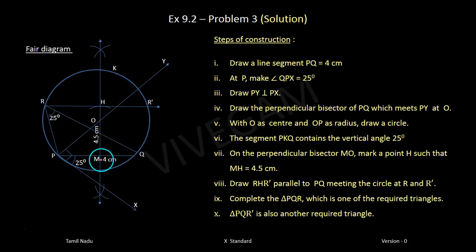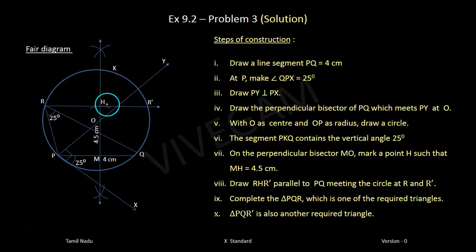But next step is that we want to have an altitude of 4.5 centimeter. Then on the perpendicular bisector MO, mark a point H such that MH equal to 4.5 centimeter. With M as a center and 4.5 as a radius, we drew an arc cutting the perpendicular bisector and we named it as H. Now next is draw RHR dash parallel to PQ, meeting the circle at R and R dash.